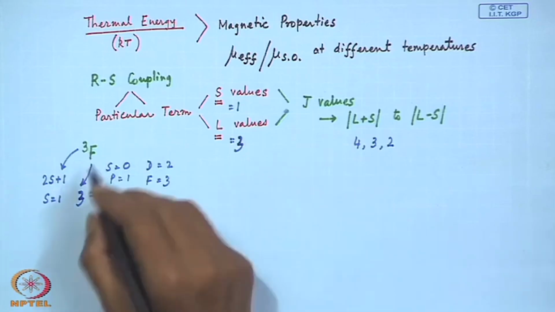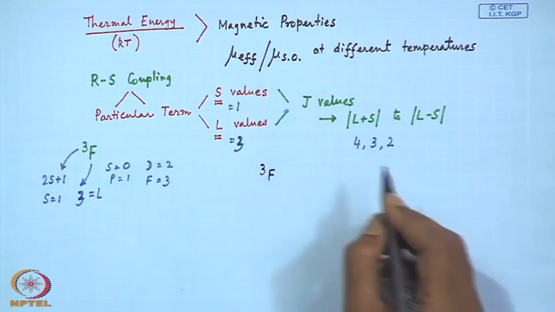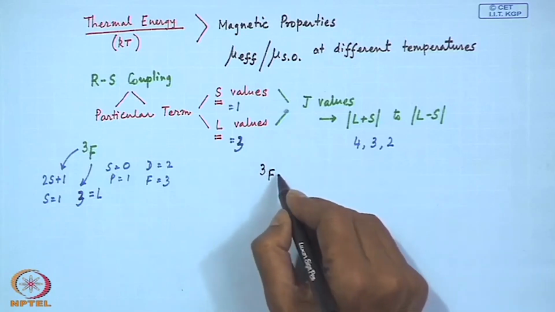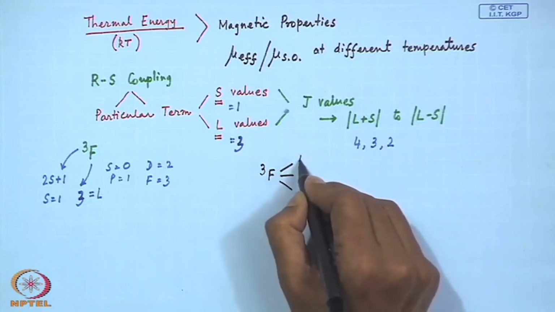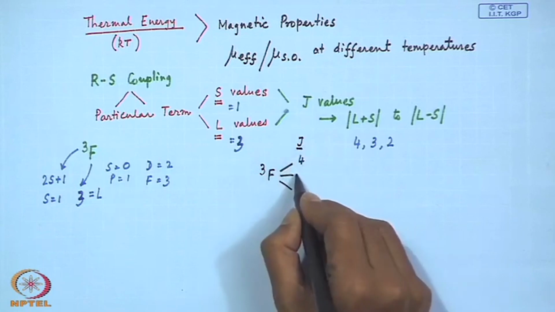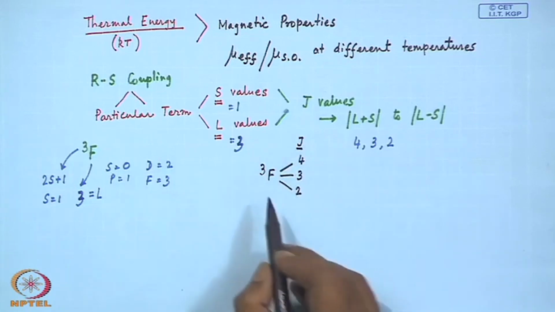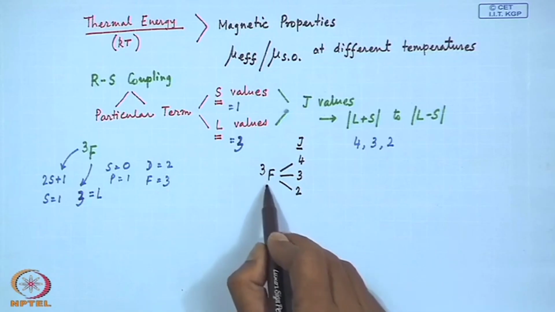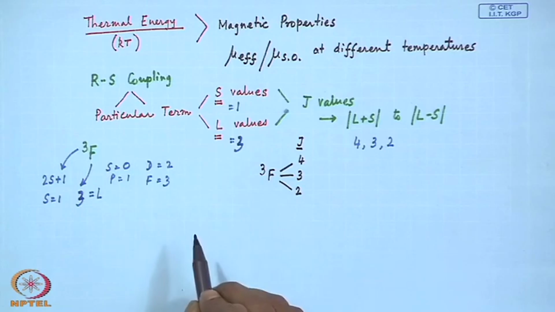So for this 3F ground state term, we have 3 levels with J values 4, 3 and 2. So we have a level 3F4, then 3F3 and 3F2.